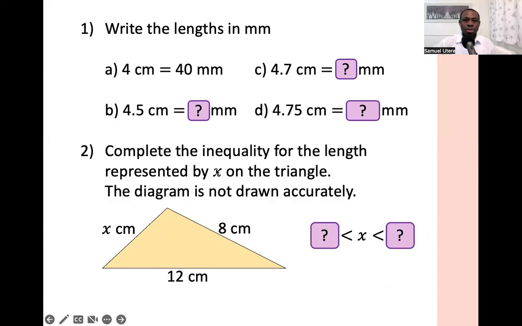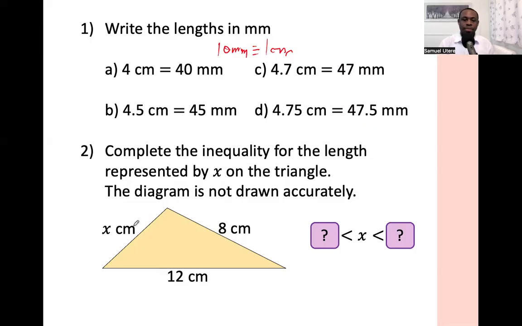I'm sure you know that 10 millimeters is equivalent to 1 centimeter. So converting from centimeters to millimeters, you're going to be multiplying by 10 each time. So that should be the answers.